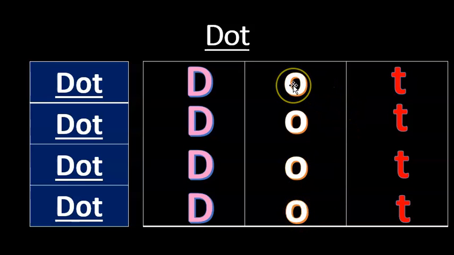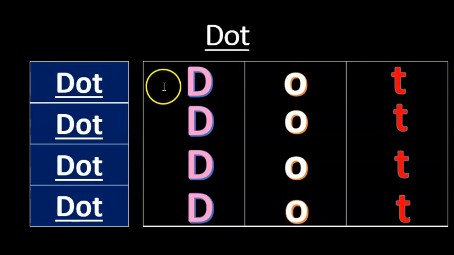So this O here makes the ah sound. Now, let's come over to this letter sound. Say t, t, t, t. So this T makes the t sound.